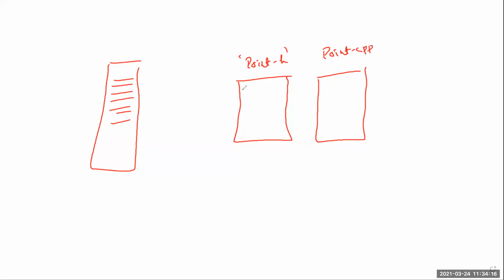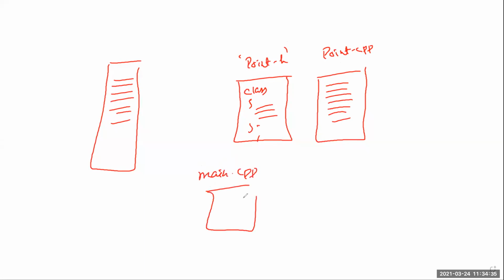In point.h we will just give the class definition, that is, what is the data and what are the function prototypes, and all the definitions of the functions would be in the cpp file. So you can have another third file like main.cpp, in which you can create objects of this class and call the functions, right?